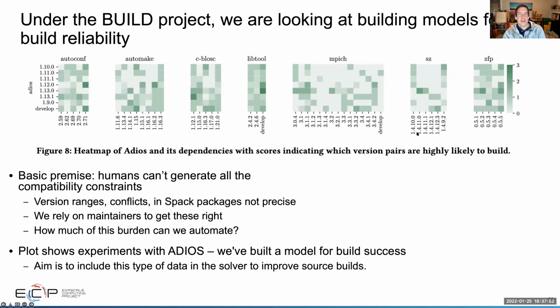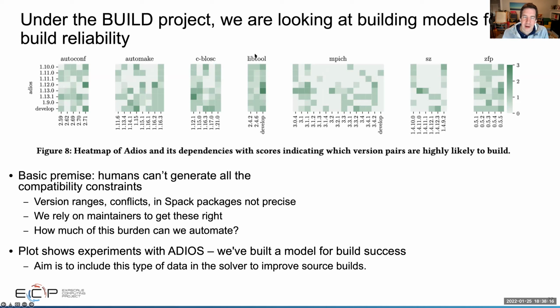And one more slide. The other thing that we're looking at is we have this research project on the side called Build. We recently submitted a paper on this to MSR, Mining Software Repositories. Because the Spack packages are templated, we can come up with a way to sample the combinatorial space of packages and try to build different things.